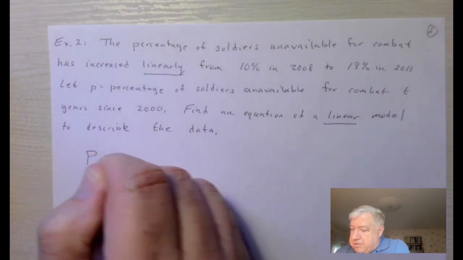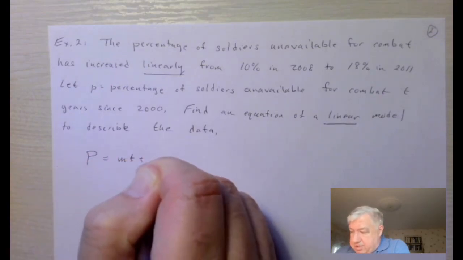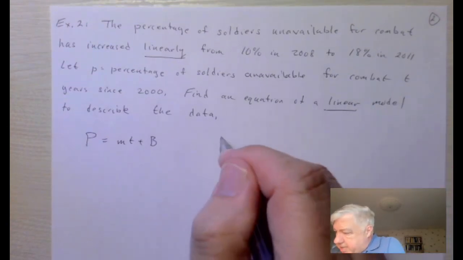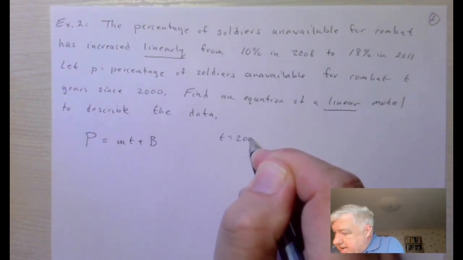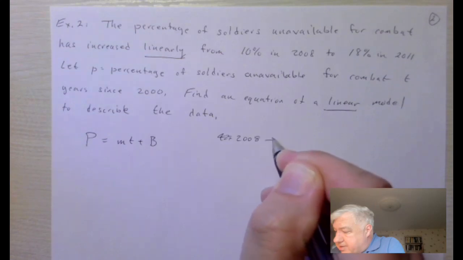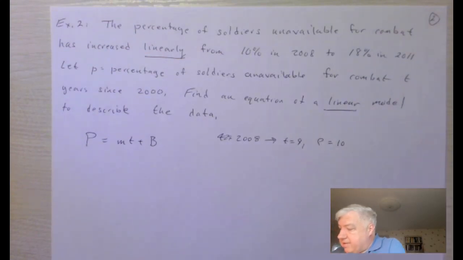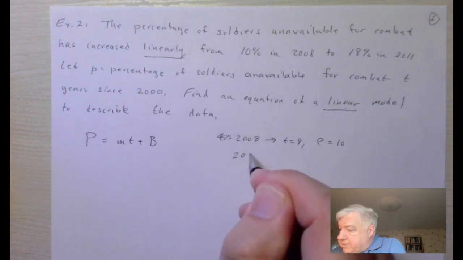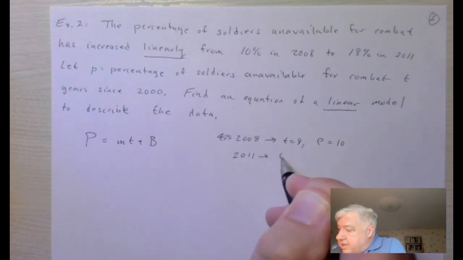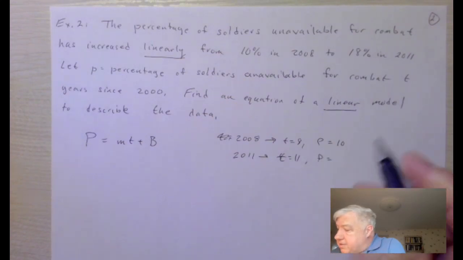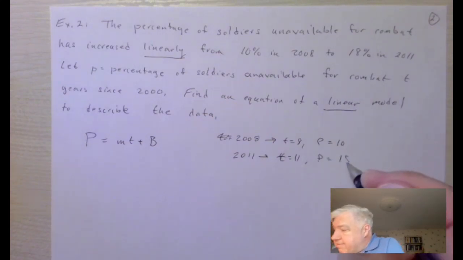So P is going to be MT plus B. Once again, in 2008, T is 8 and P would be 10. And in 2011, T is 11 and P is 18.